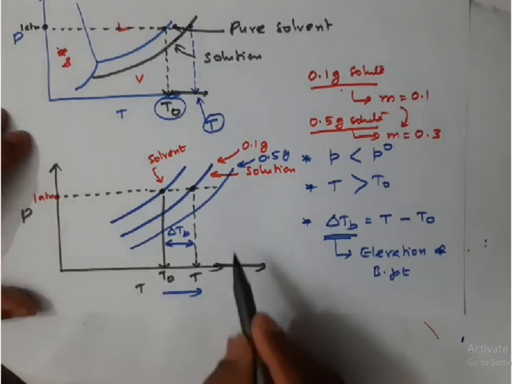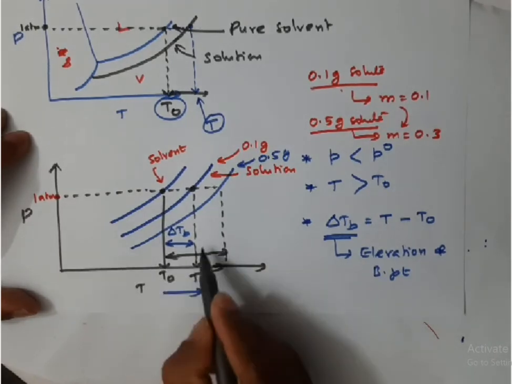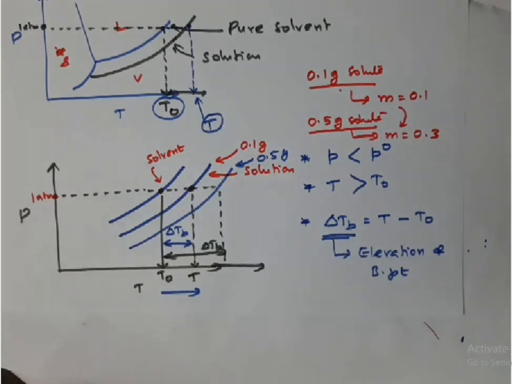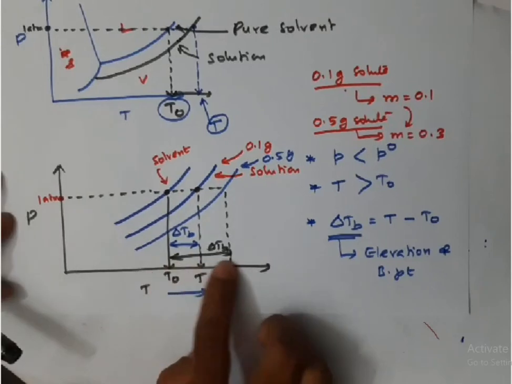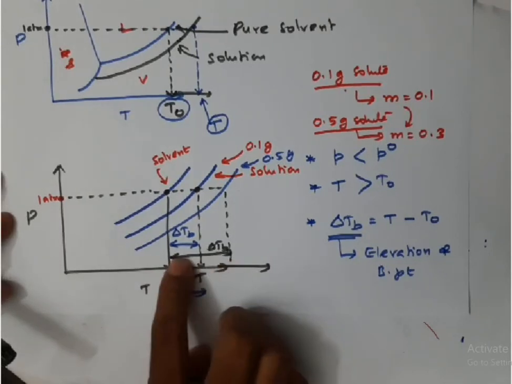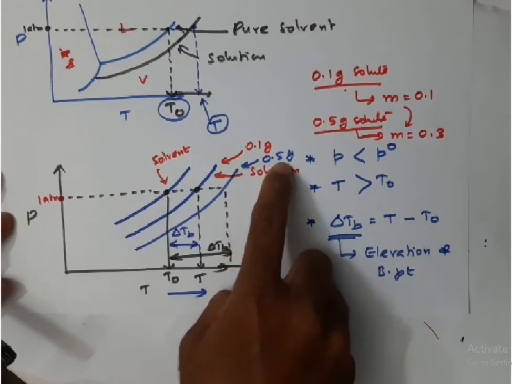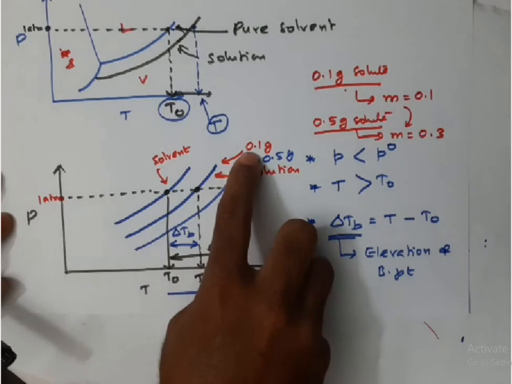This is the boiling point of the solution now, and this gap is the delta TB for this solution. Students, are you able to follow? This gap is the delta TB for the solution containing 0.5 gram of solute, and this is the delta TB for the solution containing 0.1 gram of solute.